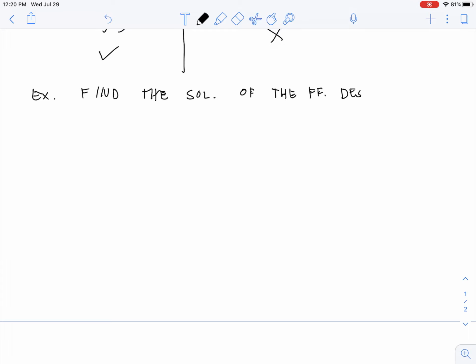Okay? So example number 1 is dy over dx is equal to 2xy. Then this has an initial condition, which is y is equal to 2 if x is equal to 0.